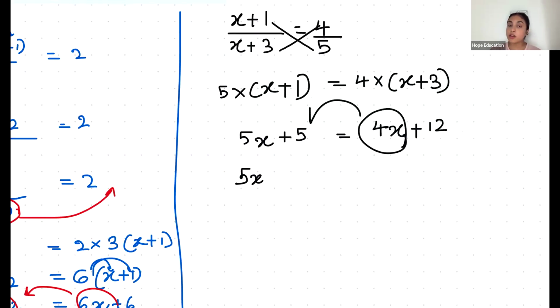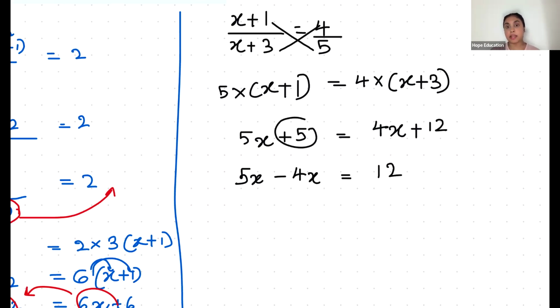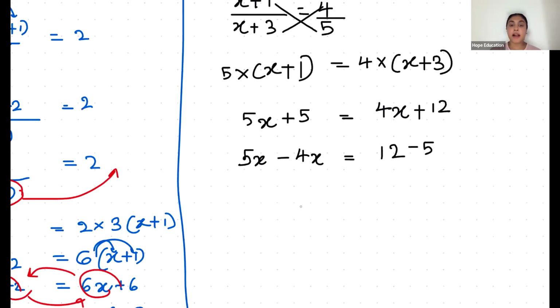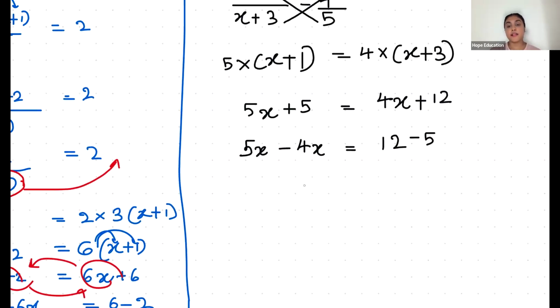Here it's plus now. When I bring it to the other side, it becomes minus 4x. Then here there is plus 12. This plus 5, I'm bringing it to this side, then it becomes minus 5. Then 5x minus 4x is 1x and 12 minus 5 is 7.